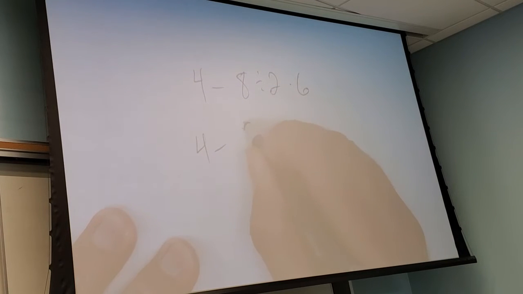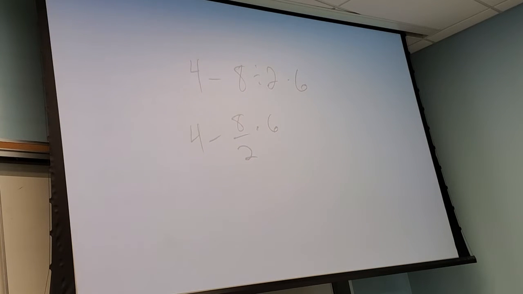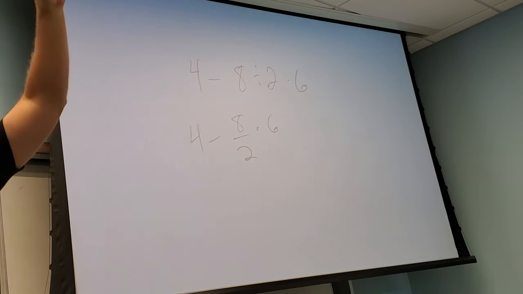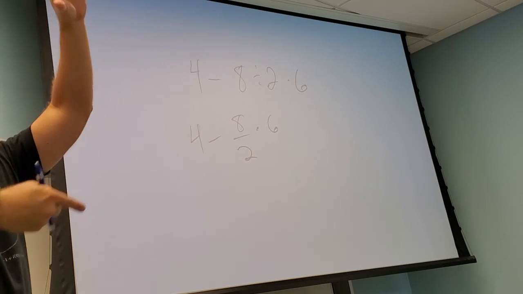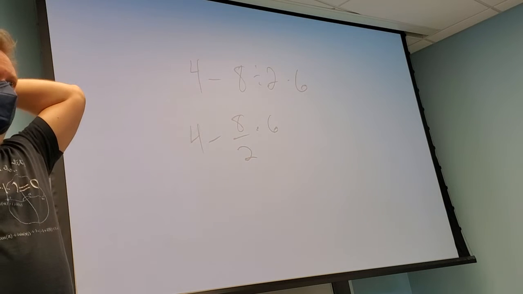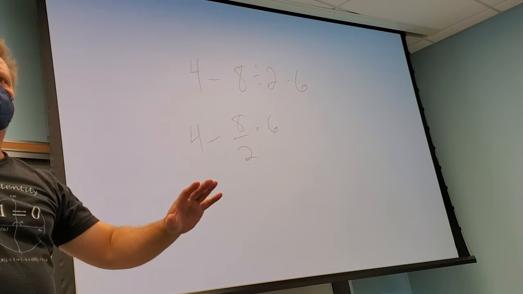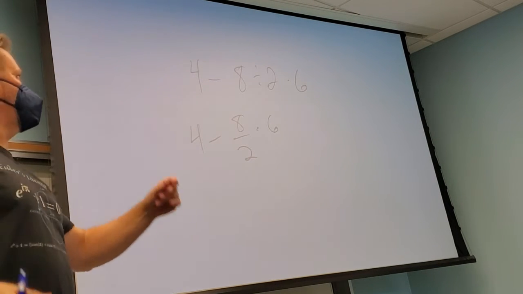Isn't this like this? Times 6? Isn't the 6 up top? So if you make it divided by 12, how did you make that 6 go down? Does that make any sense? No? This is why you do as it comes.